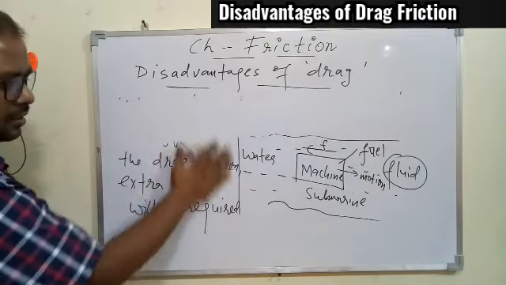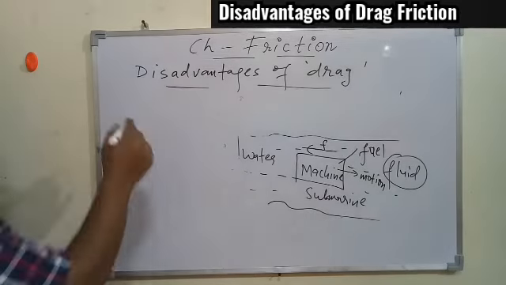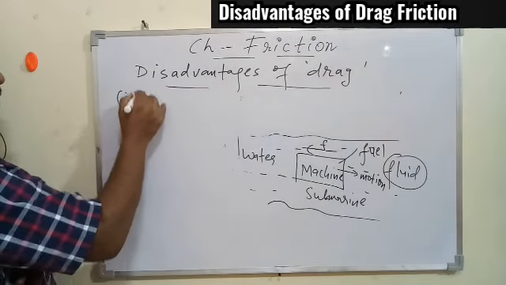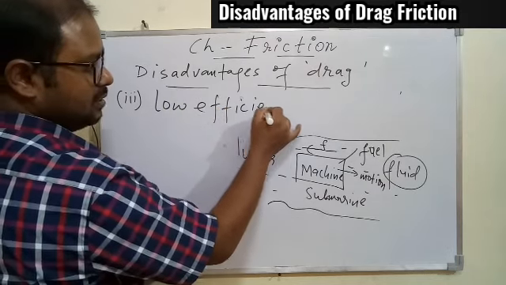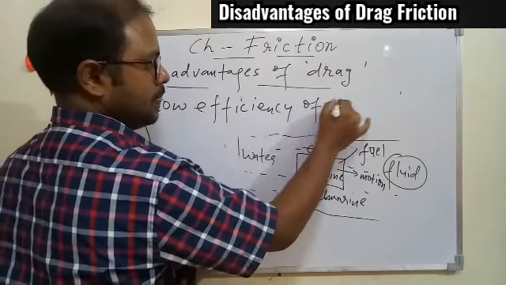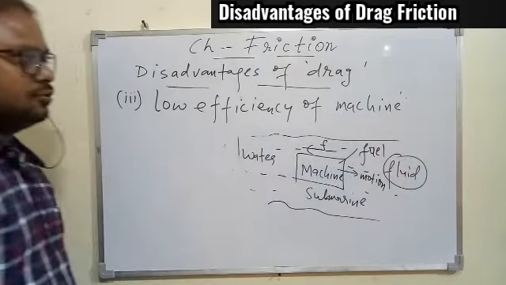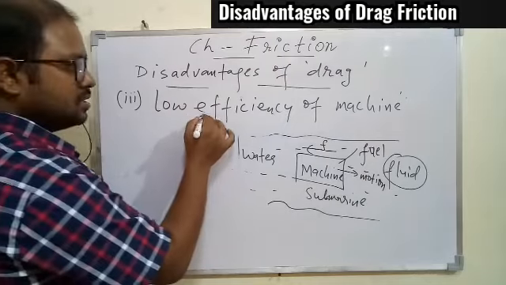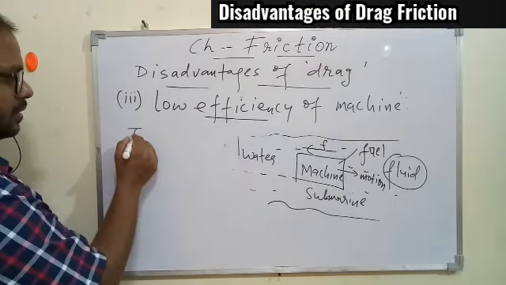Now based on this same concept, we have the third one, that is low efficiency of machine. In one of the classes we understood the meaning of efficiency. If any machine we have, it will take some input.